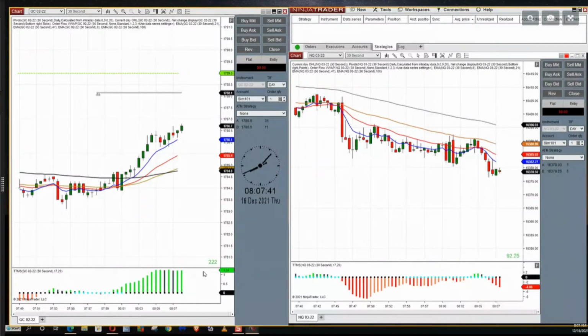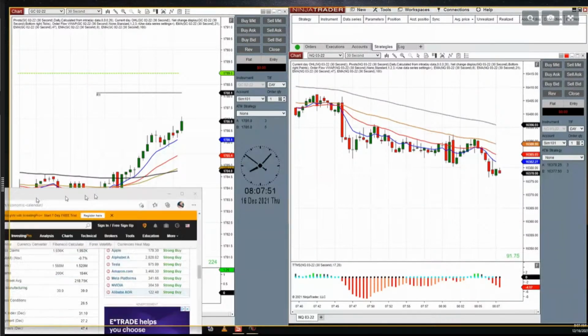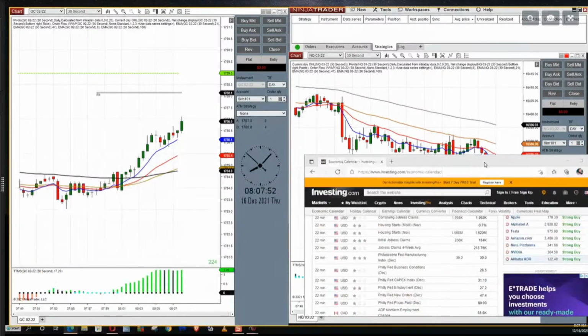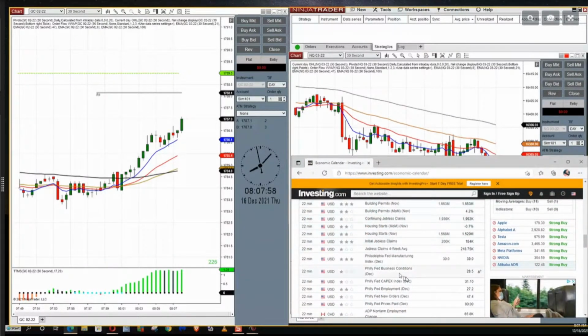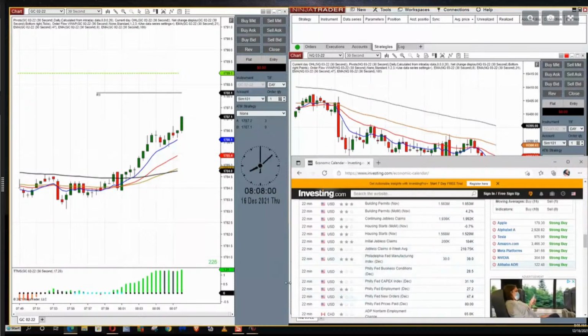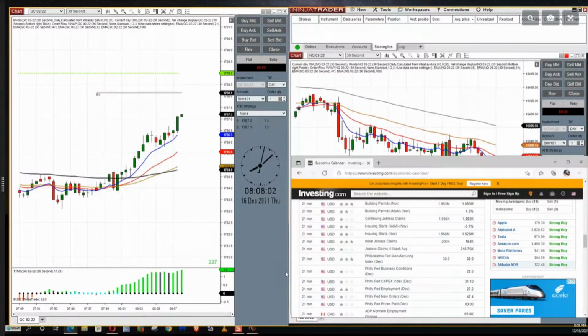Gold is up over 200 ticks today. So the news is important. The perfect setup would be if the news is negative, because that would tend to push gold to the upside.